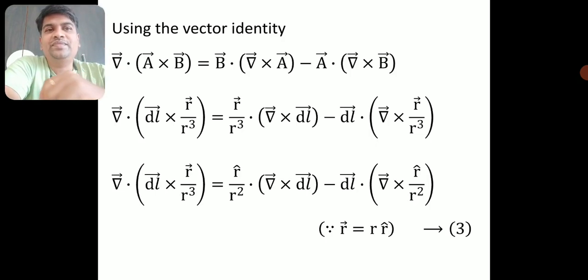In equation 2, I get a term like dl cross r vector by r cube. For this, I am applying divergence and using this identity.